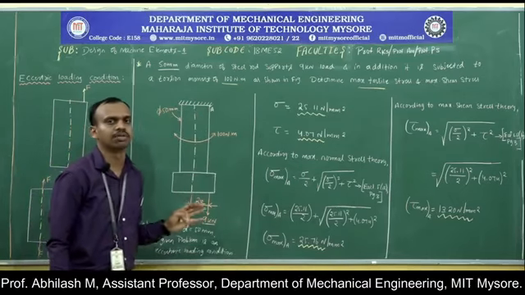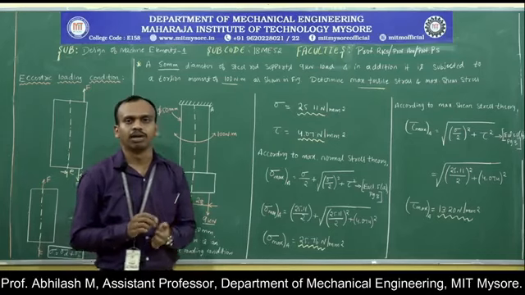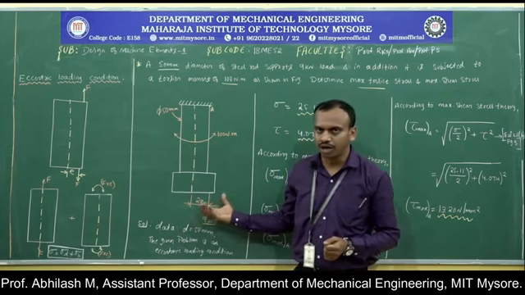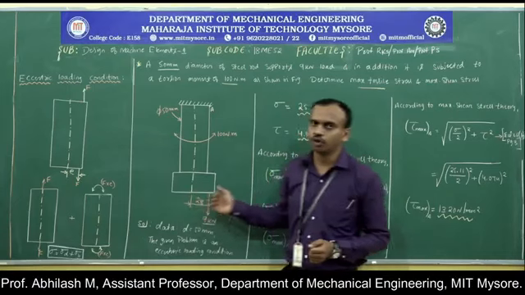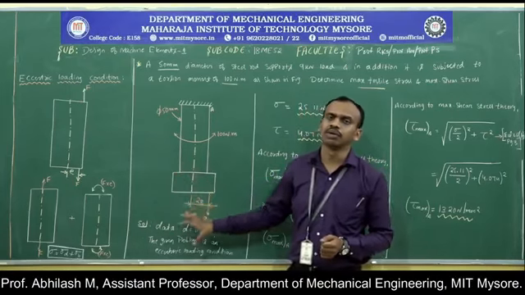This problem is very important in nature because it gives rise to a new concept of eccentric loading, where we understood how to resolve the eccentric loading condition and then how to proceed with the problem. This is one of the cases. The cases might vary.